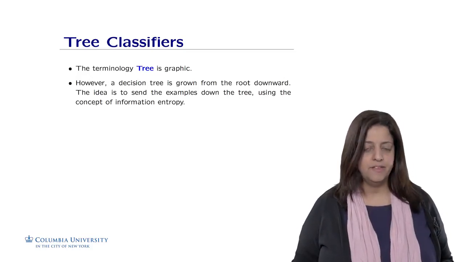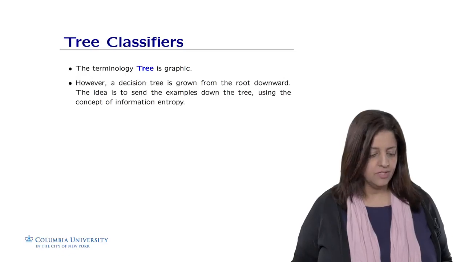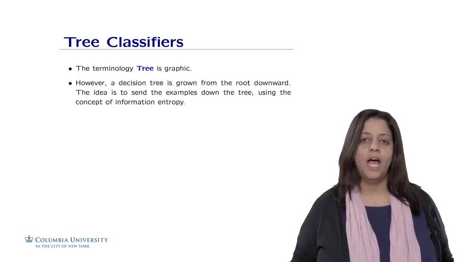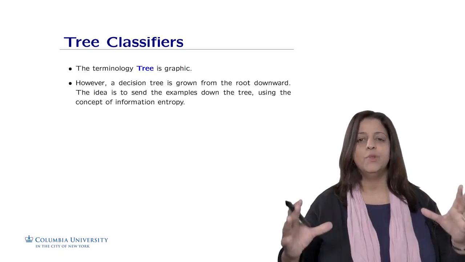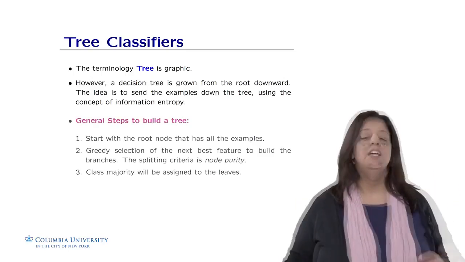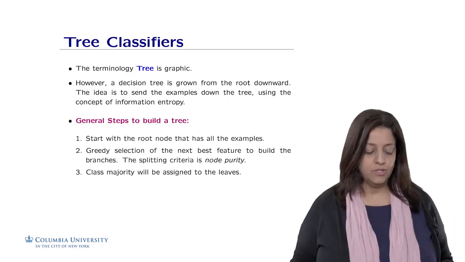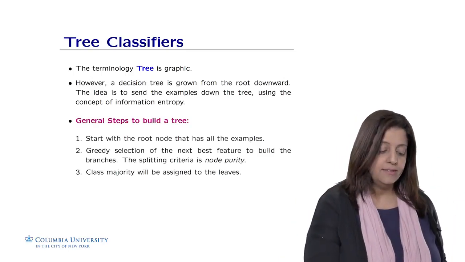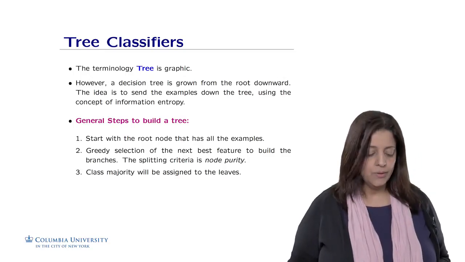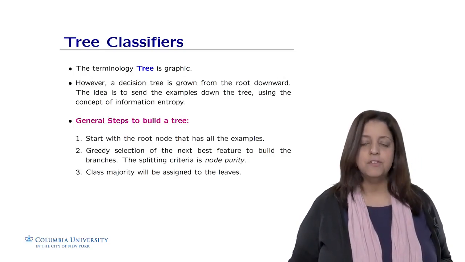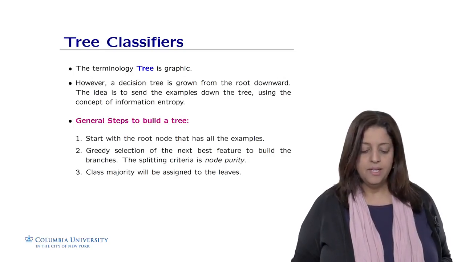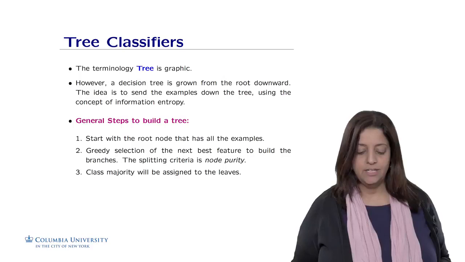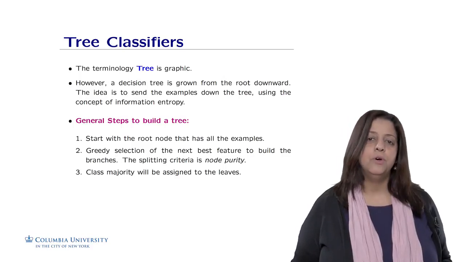The general steps of the algorithm to build the tree are as follows. First of all, we're going to start with the root node in which we have all our examples. Suppose we have bananas and oranges. We're going to start with the set of all fruits at the root, and we build the decision tree downwards. So once we put all the data in the root, we're going to do a greedy selection for the next best feature that actually splits the data correctly. The splitting criterion here is based on node purity.